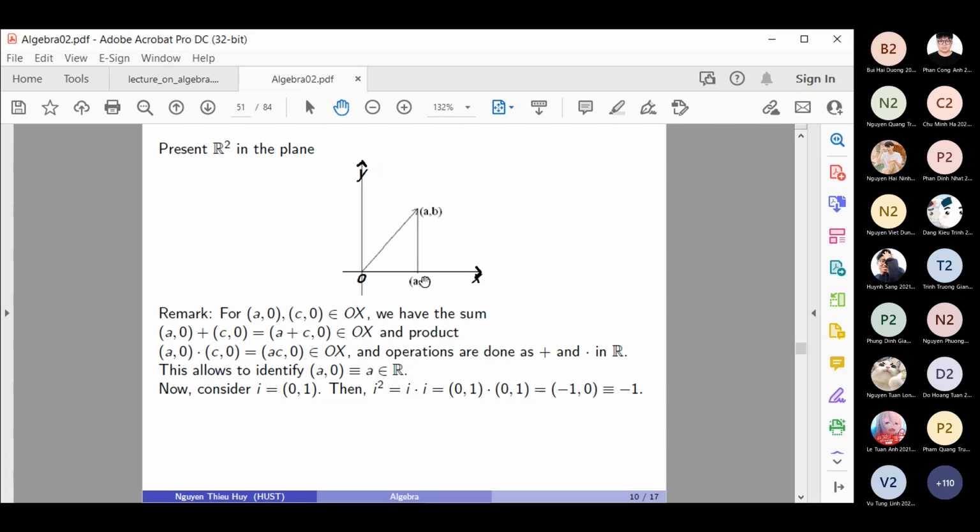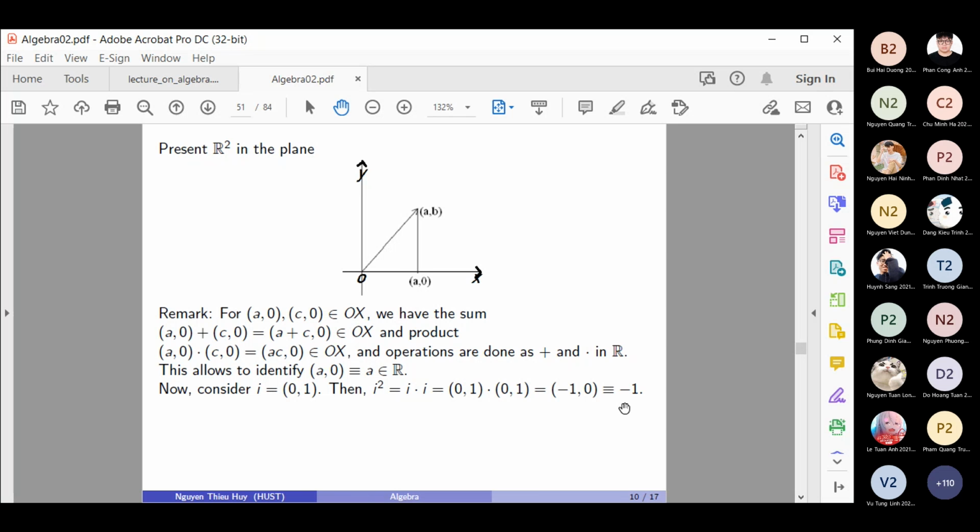We are working with only the first component, and the addition and the multiplication operate exactly in the same way as in R. Therefore this identification is allowed, right? So now you see the number i has this form, and after raising it to the power 2, taking the square, and after a reasonable identification, you obtain -1.